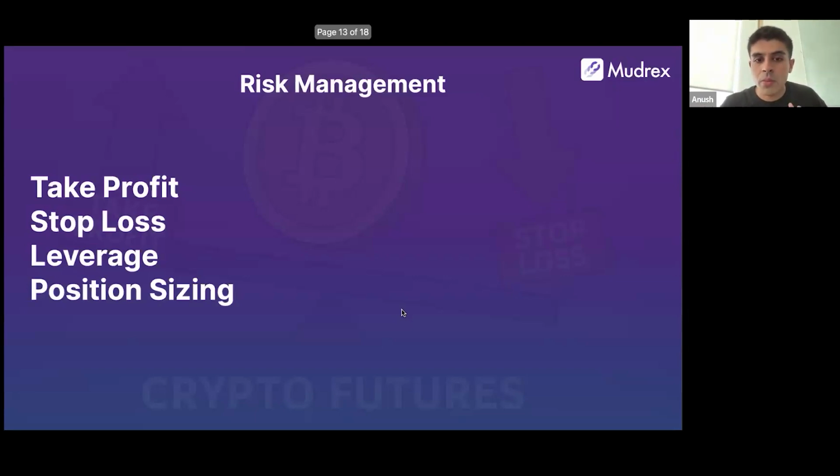So always remember, the whole point of a stop loss is to prevent a small mistake from becoming a huge one. Remember, losses are part of trading, but big avoidable losses, that's where your account gets absolutely wrecked.